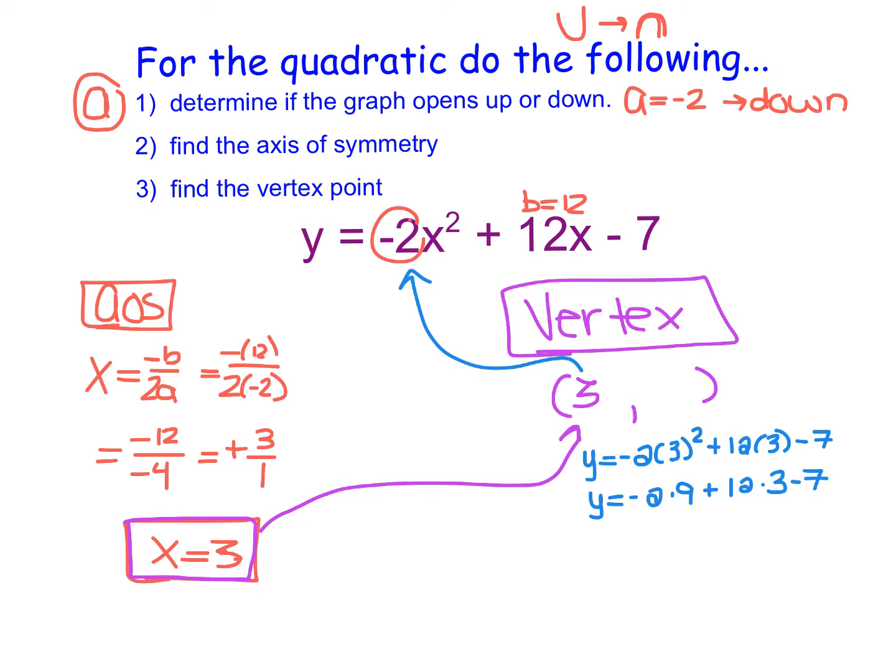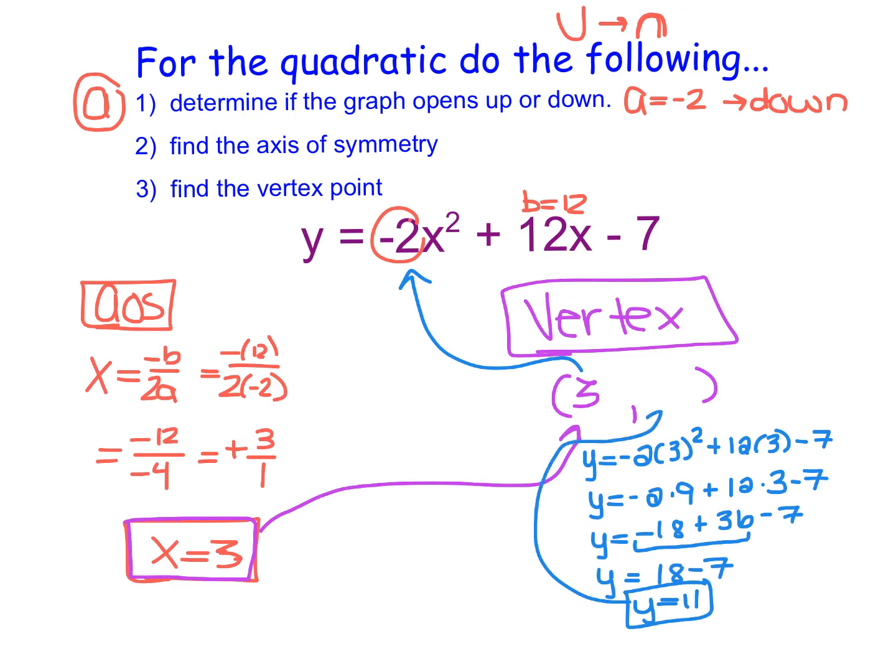Now we do all the multiplication, so I have y equals -18 plus 36 minus 7. Let's combine those two, so y is equal to, that's 18 minus 7, so y is equal to 11. I would then take that y value and plug it in. So I would find that I have a vertex point of x is 3 and y is 11.